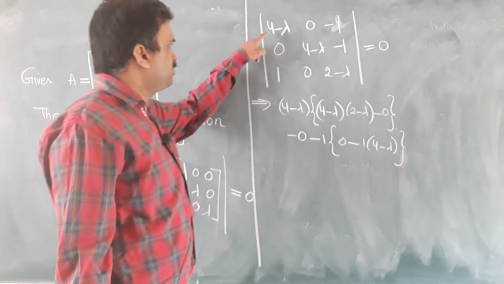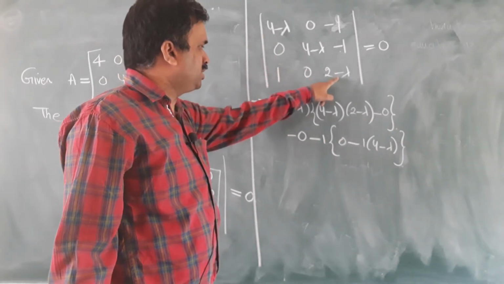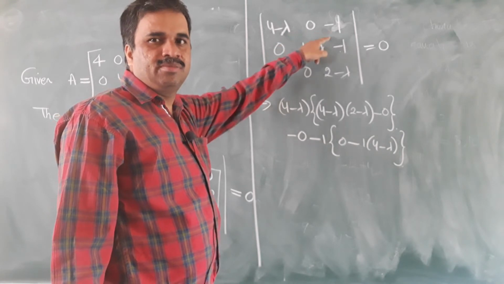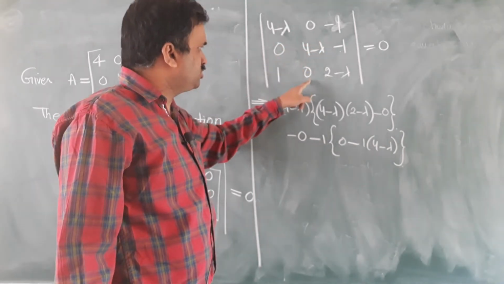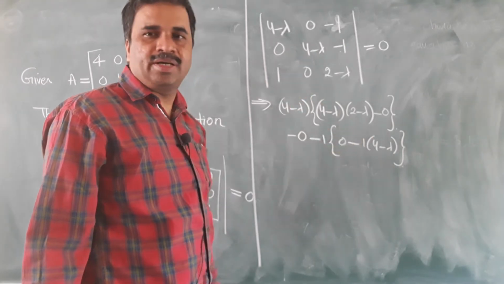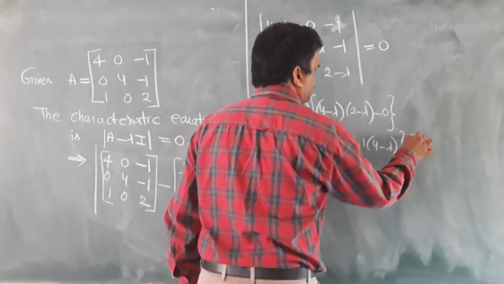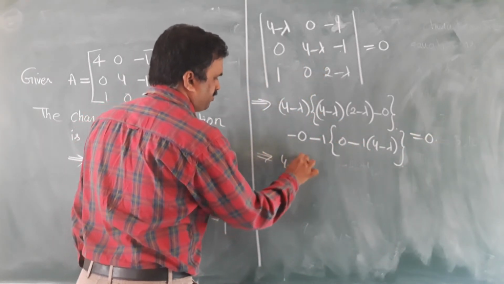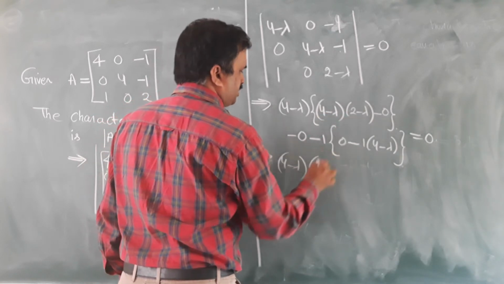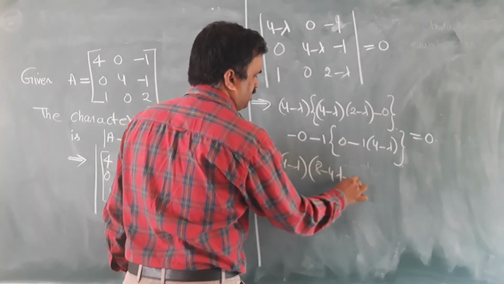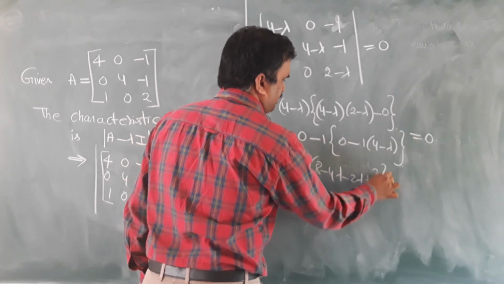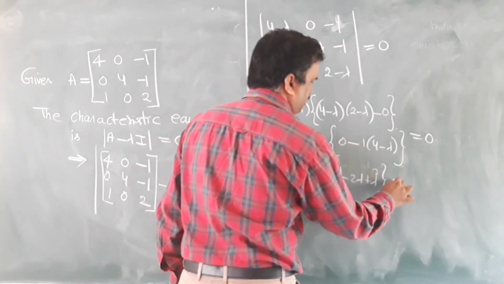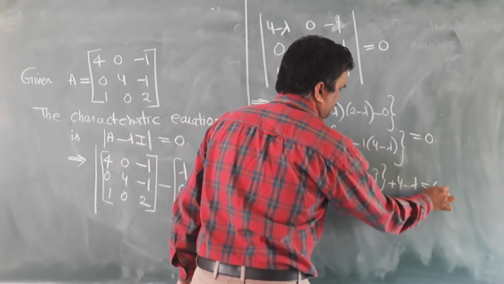So we get 4 minus lambda times (4 minus lambda)(2 minus lambda), plus 4 minus lambda, equal to 0.